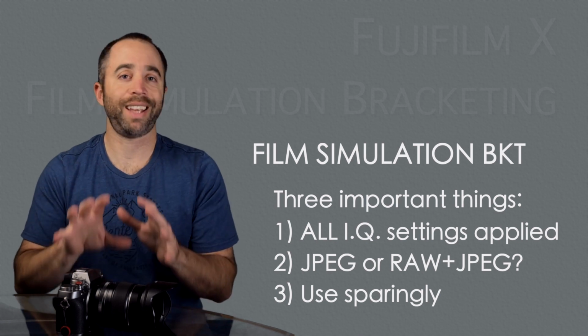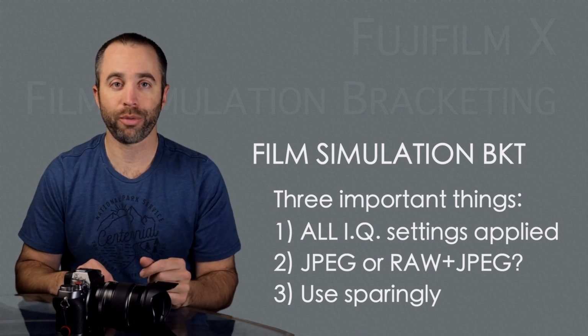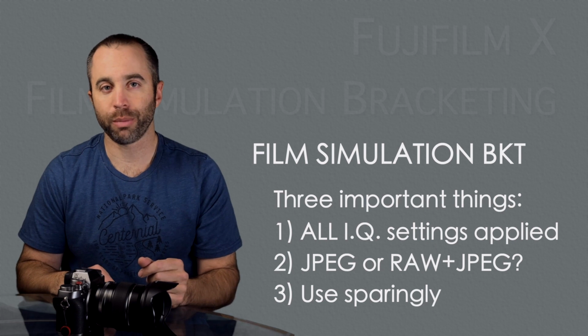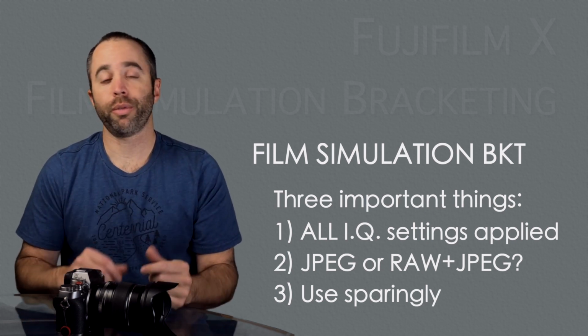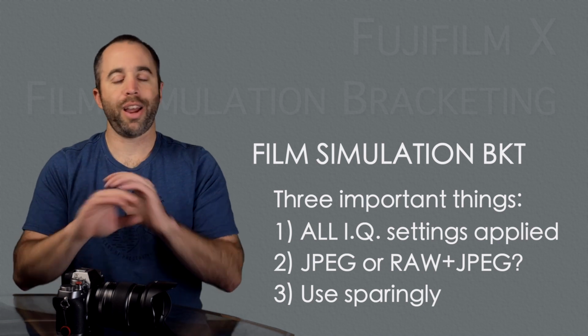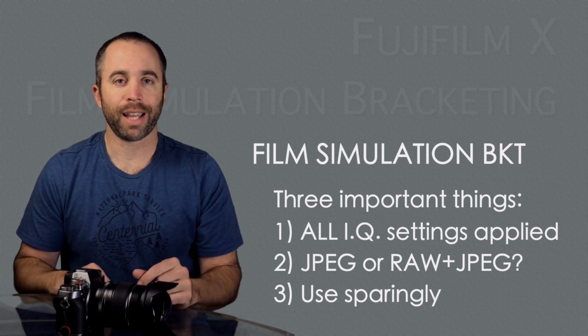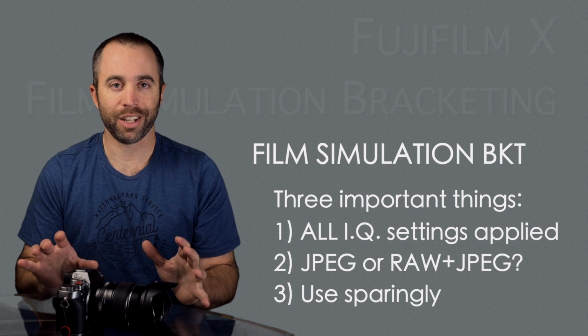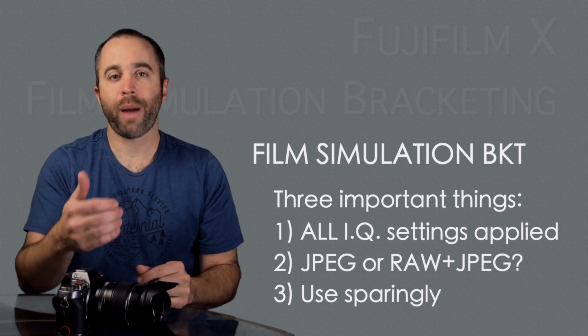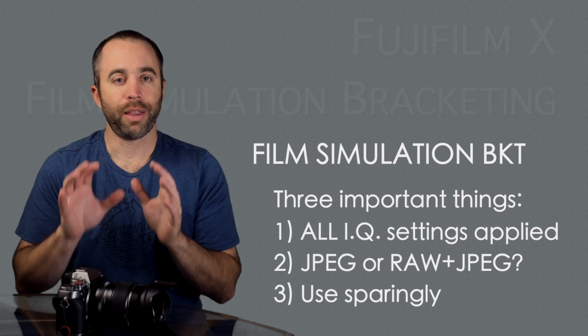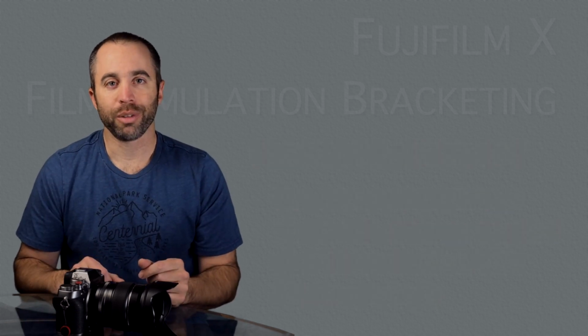If you just can't pick one film simulation for that, then go into film simulation bracketing. But you're not really going to evolve as a creative photographer if you're just every day using film simulation bracketing with no thought about the film simulation that you have and then selecting what you like. Try to be proactive, do it ahead of time, and then knock yourself out with this feature if you have to.